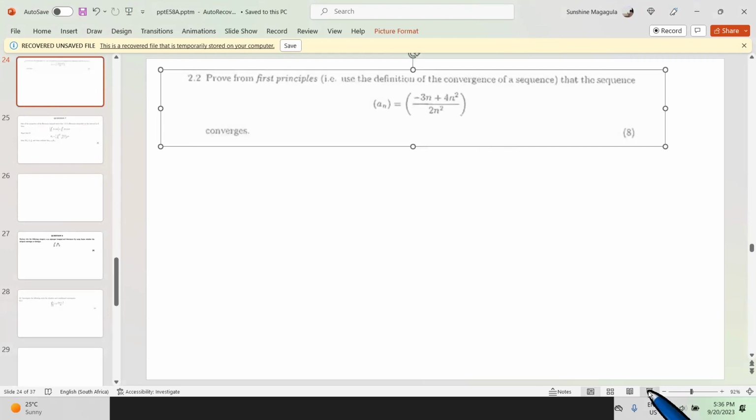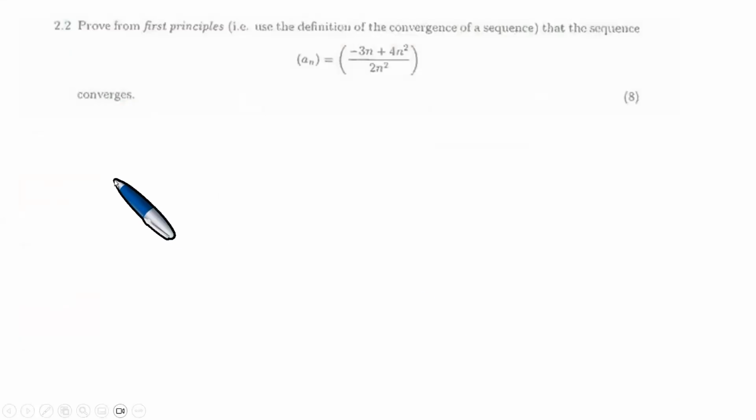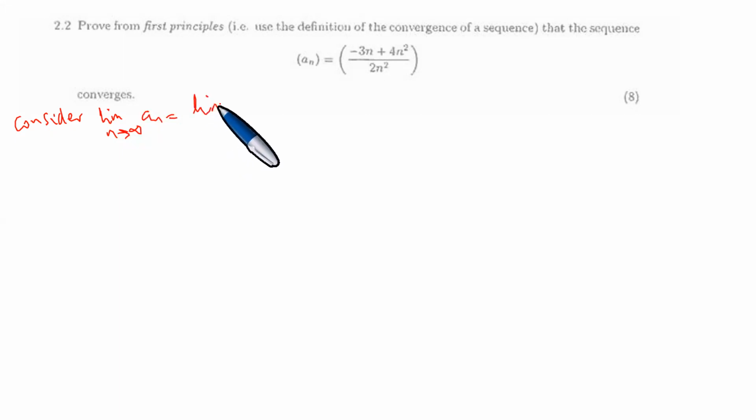Okay, let's look at this question. Prove from first principles, that is, using the definition of convergence of a sequence, that this sequence converges. It's a very interesting one, but first things first, we need to consider the limit. We have this limit of the minus 3n.